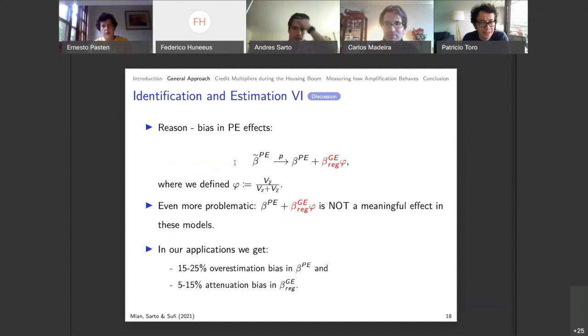Yes, Andres, Patricio here. Quick question. Just to understand, how are you defining general equilibrium effect? Because it is the difference between the partial equilibrium effect and the regional effect, I understand that general equilibrium effects consider both compositional effects and feedback effects, right?